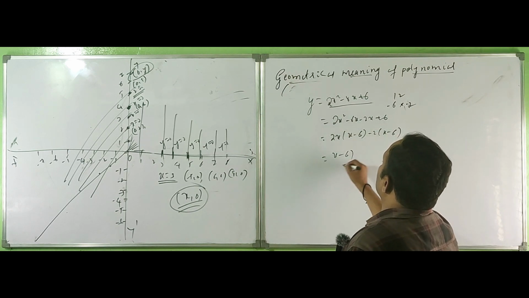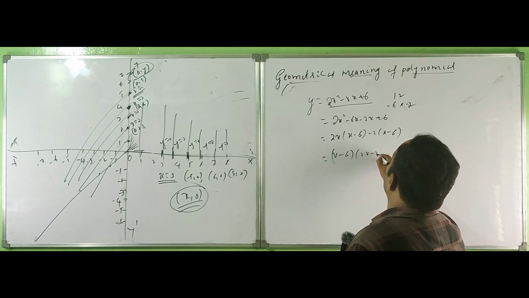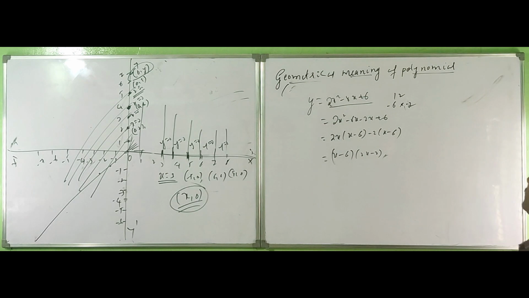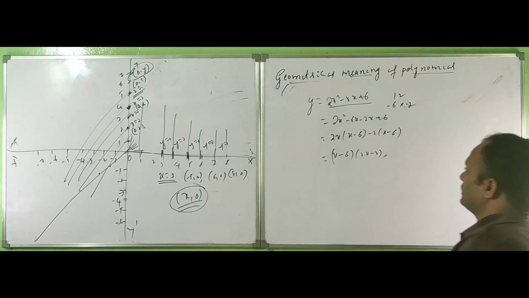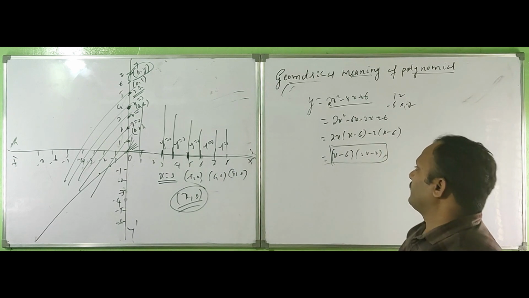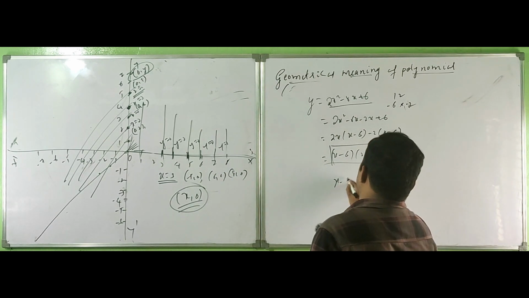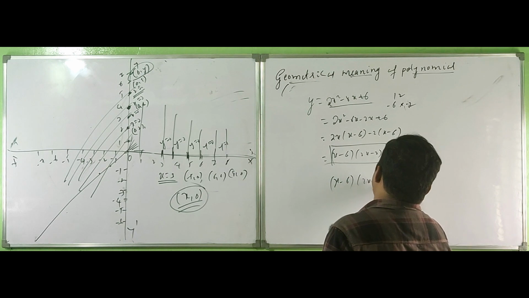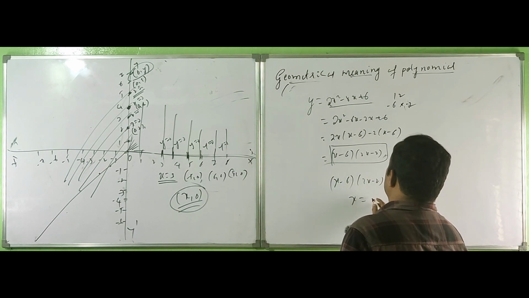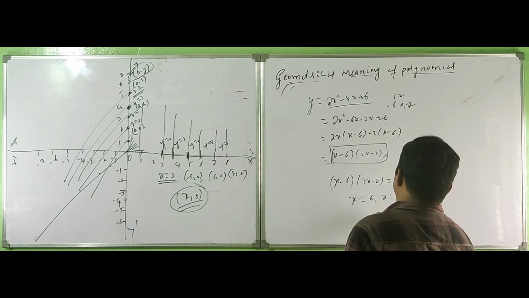So this becomes x minus 6 and 2x minus 2. These are the factors. If you want to find the zeros, I have to make 0 equal to x minus 6 and 2x minus 2 equal to 0. We will get x equal to 6 or x equal to 1.